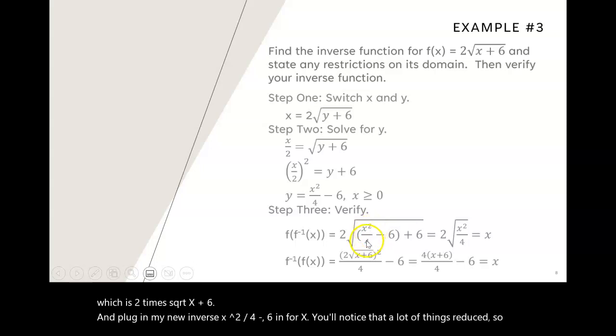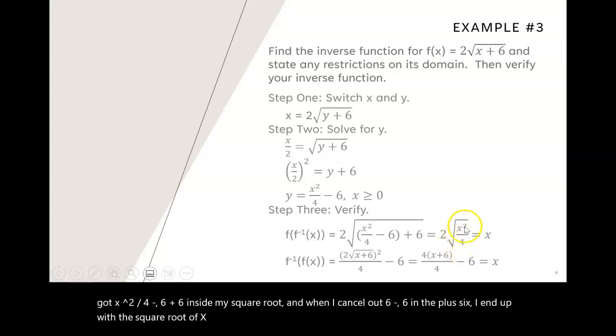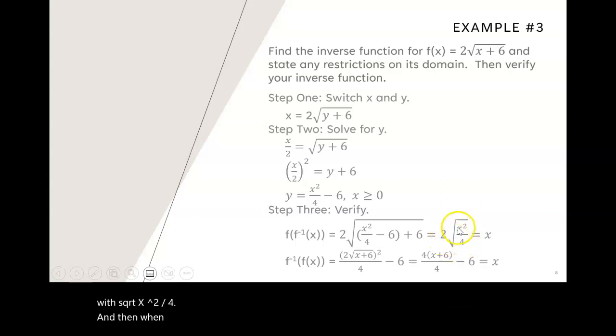So I got x squared over 4 minus 6 plus 6 inside my square root. And when I cancel out the minus 6 and the plus 6, I end up with the square root of x squared over 4. And then when I reduce this down, this becomes x over 2 times 2, which is just x. That's what we want to see.